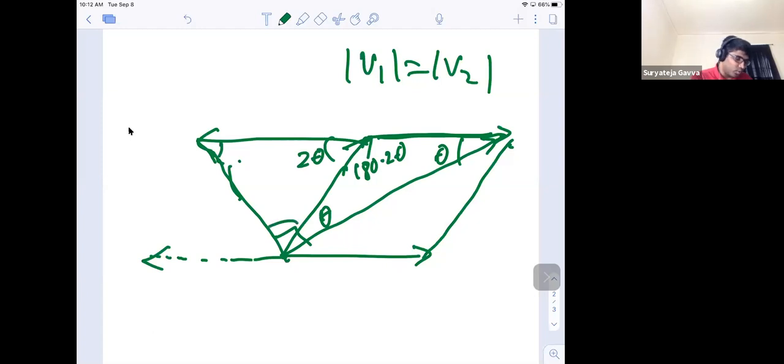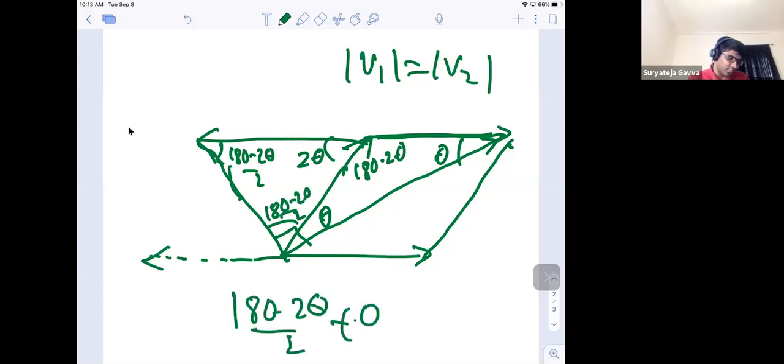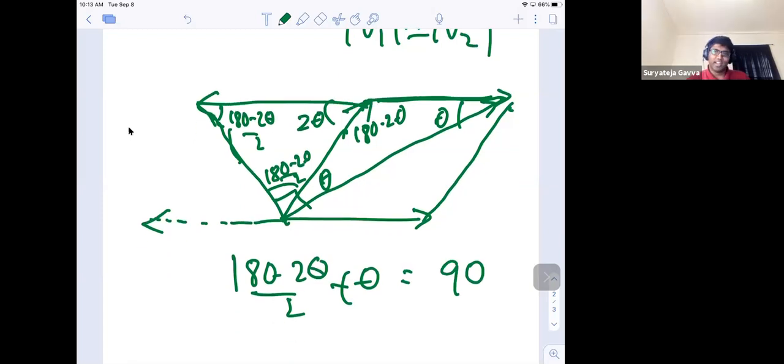So this will be 180 minus 2 theta over 2, and this will be 180 minus 2 theta over 2. So 180 minus 2 theta over 2 plus theta is nothing but 90. This is a direct geometric way to say it.